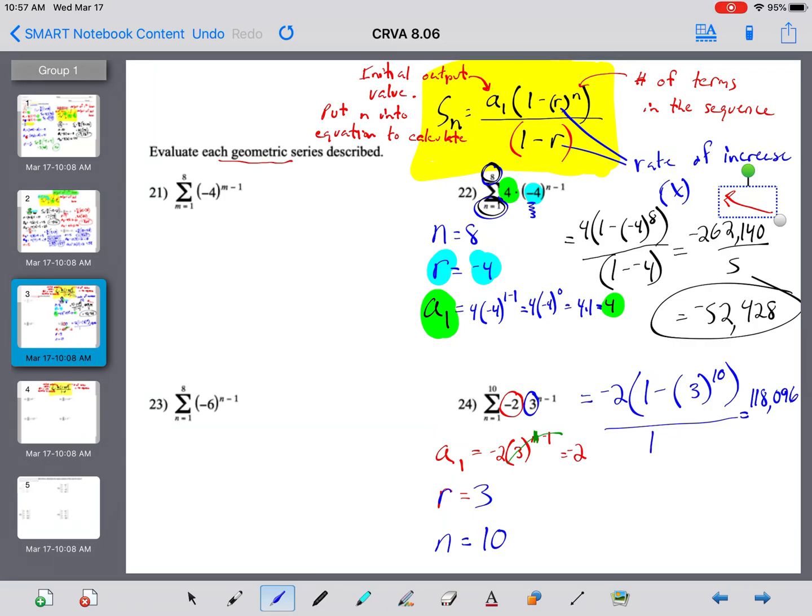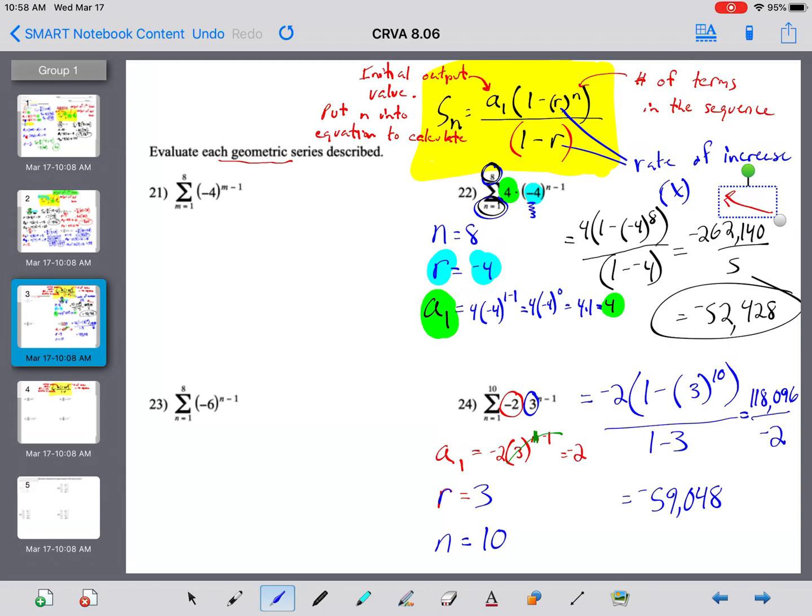And that gets divided by 1 minus the rate, which is 3. So 1 minus 3 is negative 2. This gets divided by negative 2, which gives us an answer of negative 59,048. All right, that's 21 through 24.